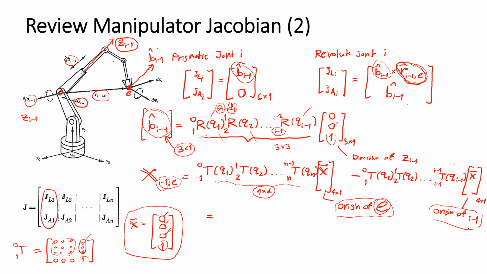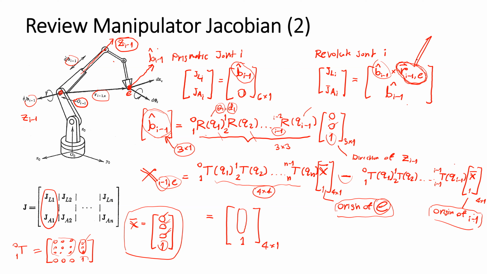So the relative position vector of the n effector and the frame I-1, we subtract the n effector by the origin of the frame I-1. And of course, what we are going to have here is a 4 by 1 vector, with 3 components, and the last component will be 1.